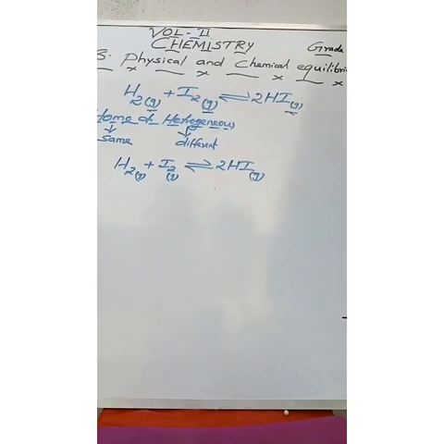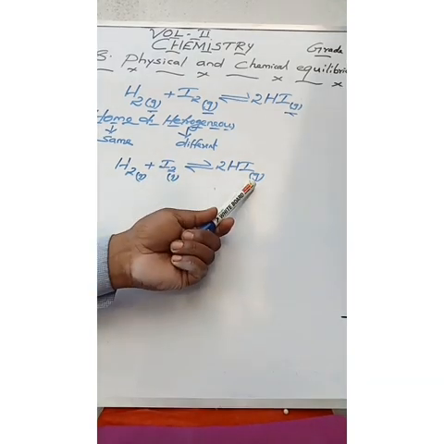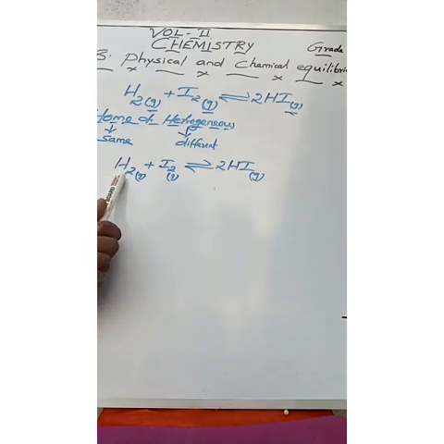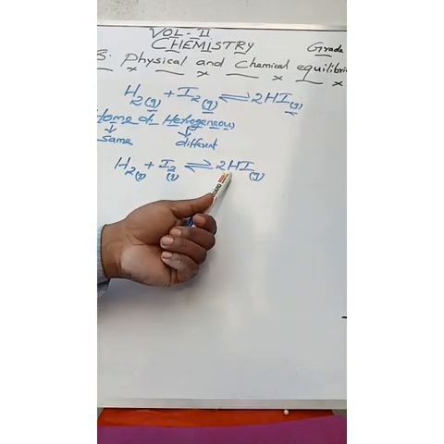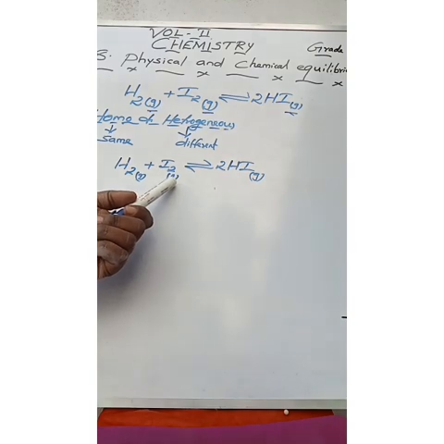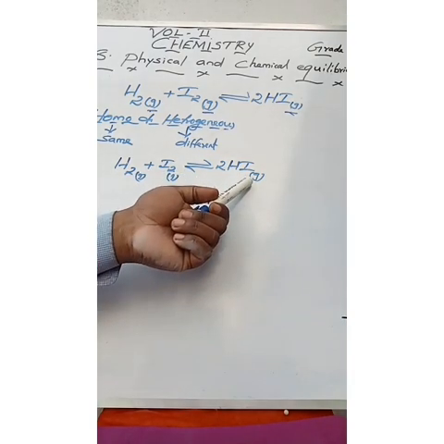So hydrogen gas combines with iodine gas, and we get hydrogen iodide gas. We have to balance the equation: 2 hydrogen, so make it 2 here, now 2 iodine. Now the equation is balanced. In this equation, hydrogen is in the gaseous phase, iodine is in the gaseous phase, and hydrogen iodide is also in the gaseous phase.